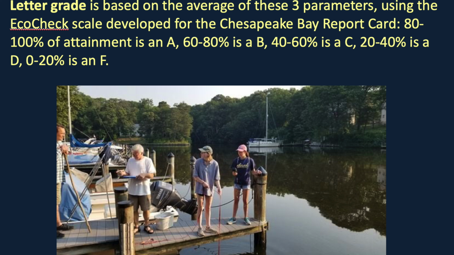So we look, how close do we get to that number? The dissolved oxygen, we're looking to see what percent of the time we have the 5 milligrams per liter on the bottom. And for water clarity, we're looking what percent of the time do we achieve that 1 meter clarity. So we take those three parameters, figure out what the average is for the entire watershed, and then average them, and that gives us our final index.